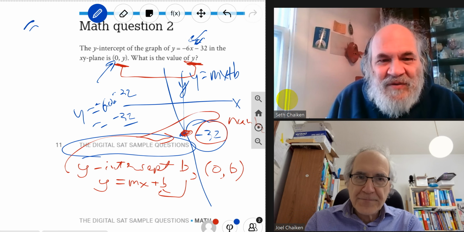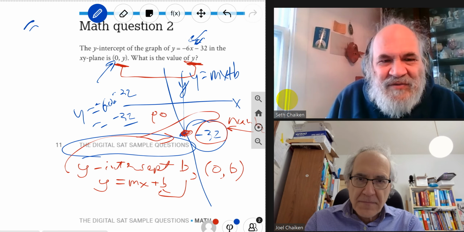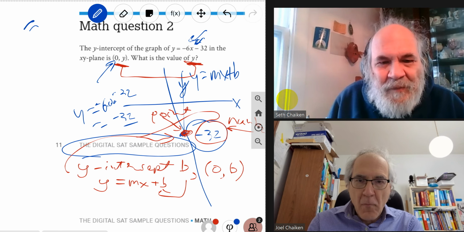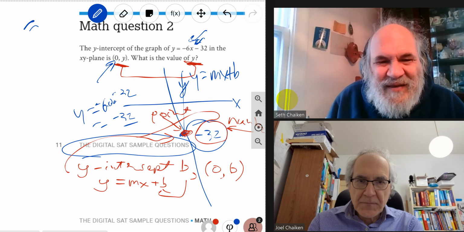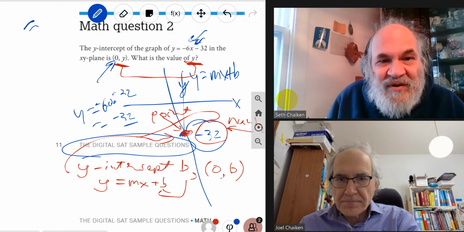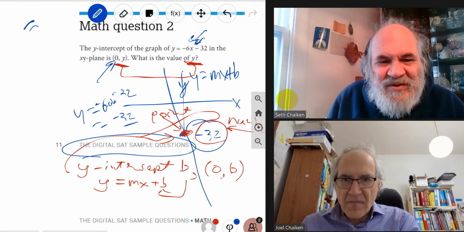Right. So there's a number form of the y-intercept, there's the point form, and there's the expression of the point, also known as the coordinate form, the coordinates. So in the case of this problem, the coordinates are 0 and minus 32.